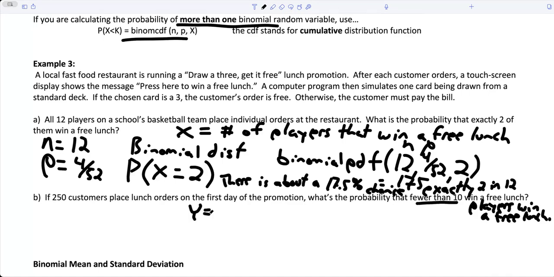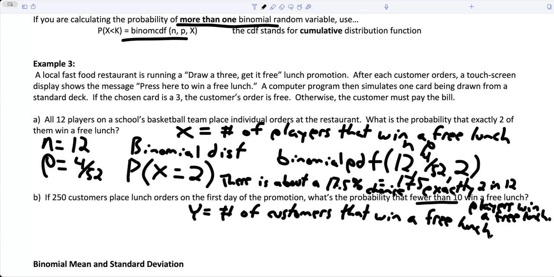So this is a separate problem, okay? So we're gonna define Y as the number of customers that win a free lunch. And this time, N is 250.